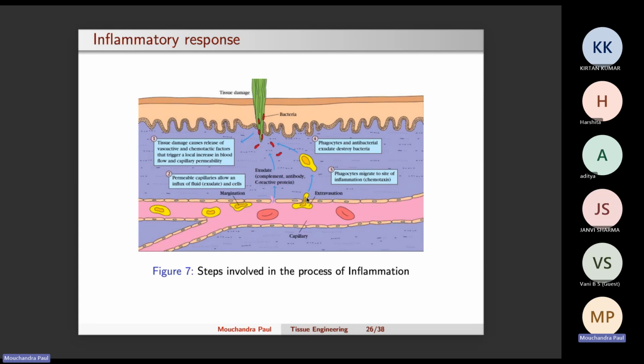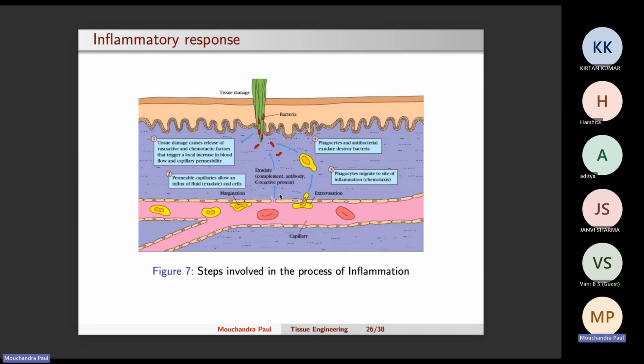extravasation. When we were discussing direct cell-cell contact and the malfunctions therein, we discussed the phenomenon of extravasation, if you remember. So here, extravasation is happening, and the phagocyte will now sense the chemical signals, and according to the gradient, it will migrate to the site of injury.